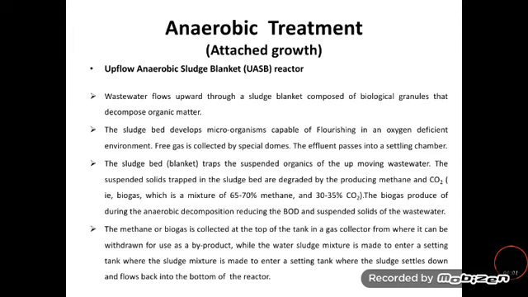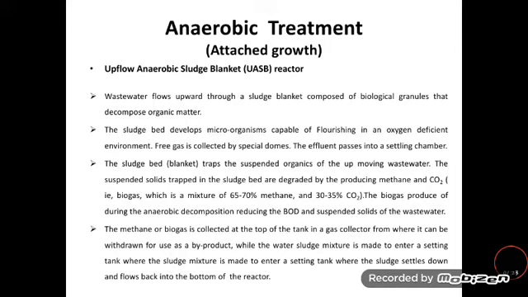In this reactor, the wastewater flows upward through a layer of active sludge. By this means it causes anaerobic digestion of the organics present in the wastewater.